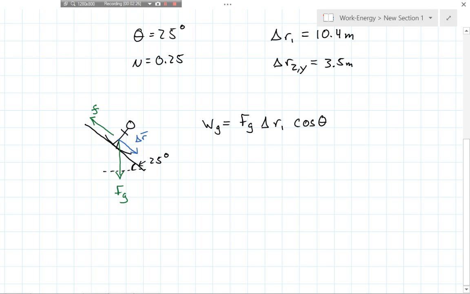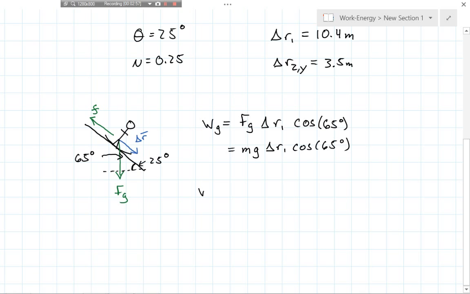If this angle down here is 25 degrees, then this angle between force and displacement is going to be 90 degrees minus 25, or 65 degrees. So the work done by gravity is the gravitational force times displacement times cosine of 65 degrees, so that's mg delta R1 cosine of 65 degrees.